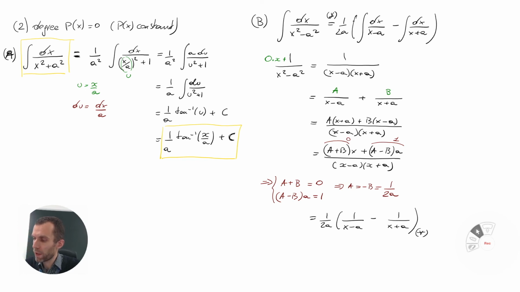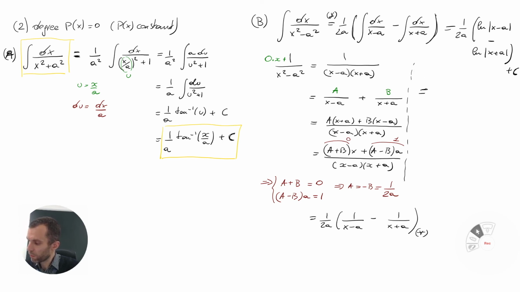And now you see why this is a useful thing to do, this decomposition. Now I have two integrals that I can solve. So this is 1 over 2a times ln of x minus a minus ln of x plus a plus the integration constant.